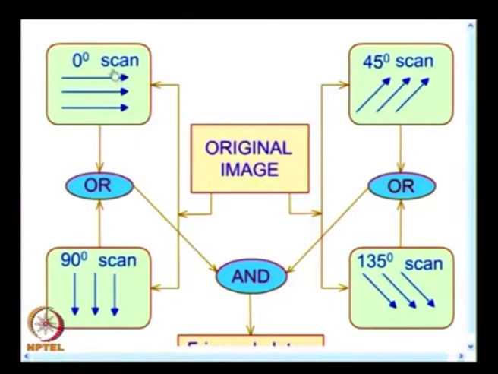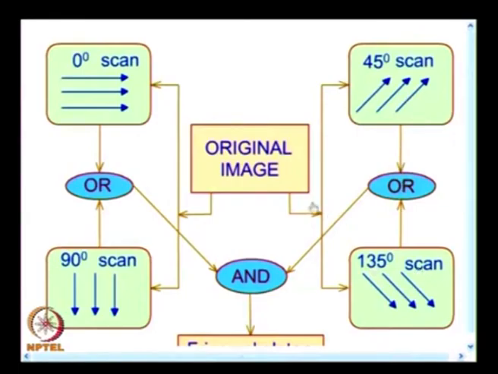We have looked at fringes which are vertical. This scan alone can provide you the complete skeleton when the fringes are vertical. On the other hand, when I have fringes which are horizontal, a 90-degree scan alone can provide you the fringe skeleton, but in a generic image what we have found was I need to have a 0-degree scan, a 90-degree scan, a 45-degree scan as well as a 135-degree scan.